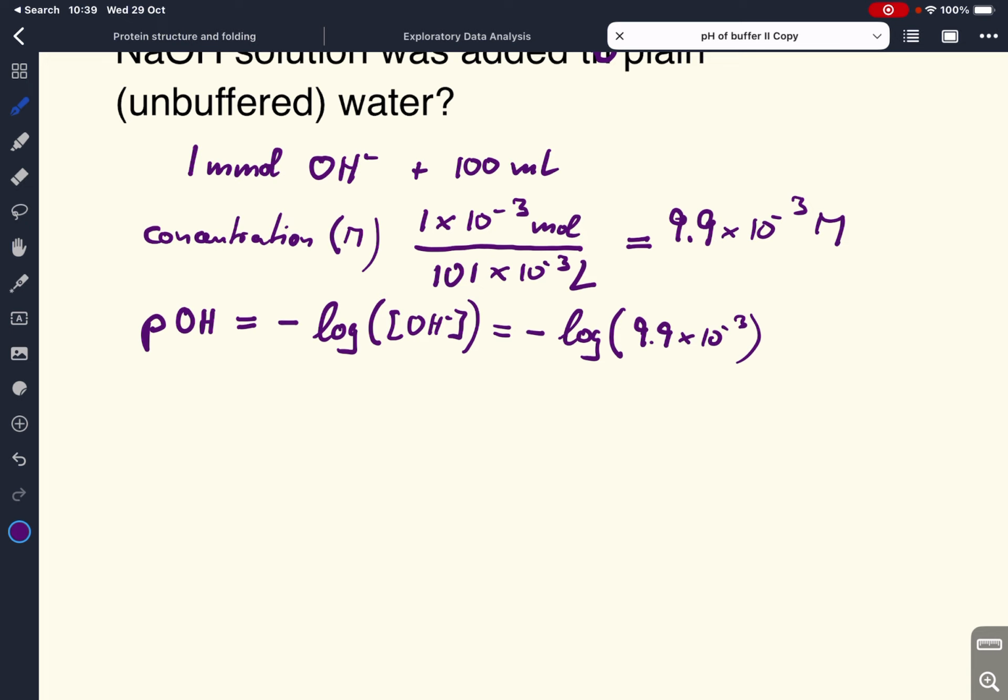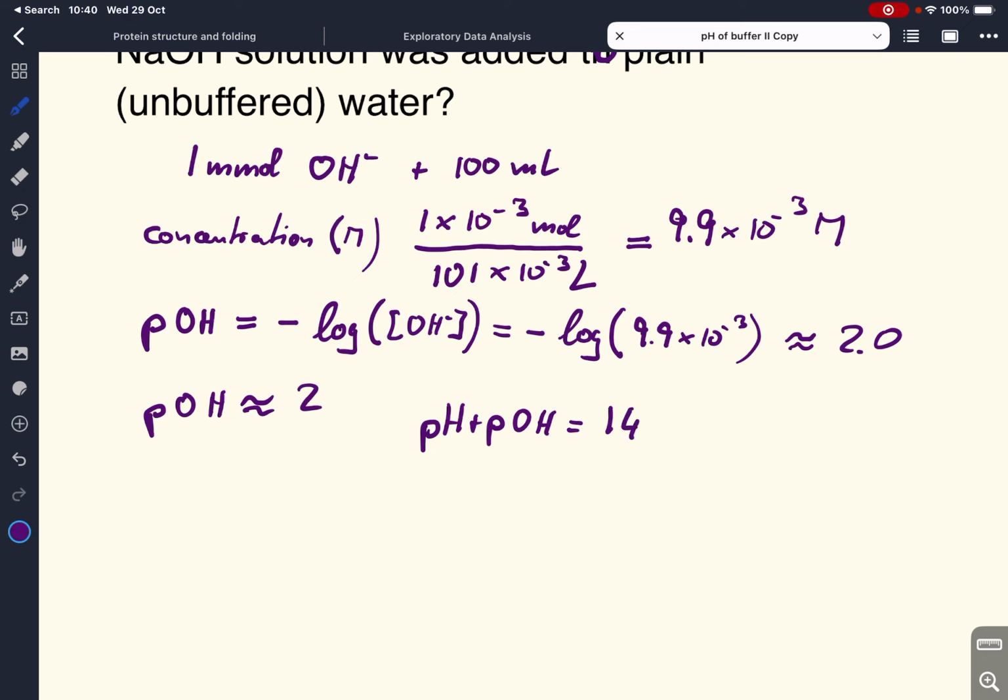And when we calculate that, we get a pOH of around 2. So the pOH equals roughly 2. And we can convert the pOH into a pH because we know that pH plus pOH equals 14 in water.